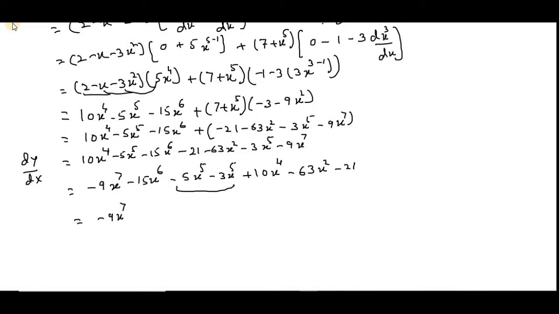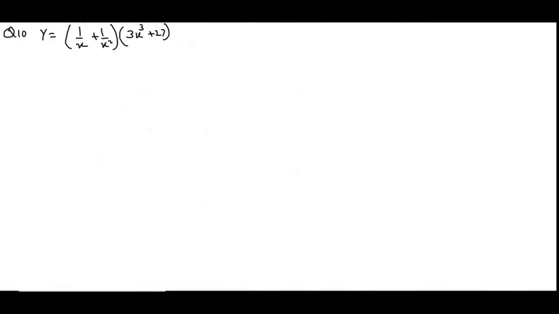Now these two terms can be simplified further. So minus 9x raised to power 7 minus 15x raised to power 6 minus 8x raised to power 5 plus 10x raised to power 4 minus 63x raised to power 2 minus 21 is our derivative.